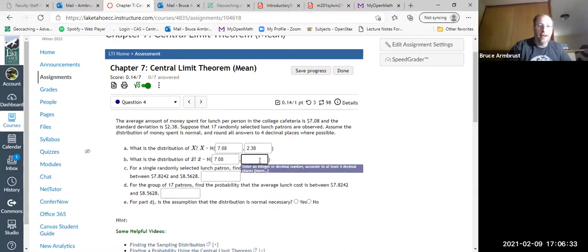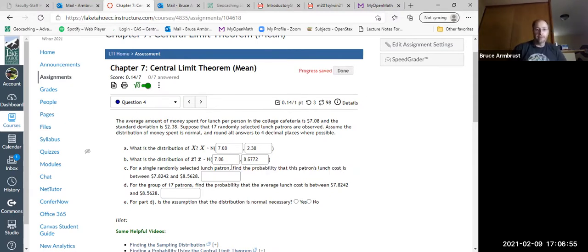So 0.5772 rounded to 4 decimal places. All right. Thank you for that. I don't know where I put my calculator. Frantically looking around for it. Oh, I got it. All right. So it's a different distribution, but it's a distribution of sample means.